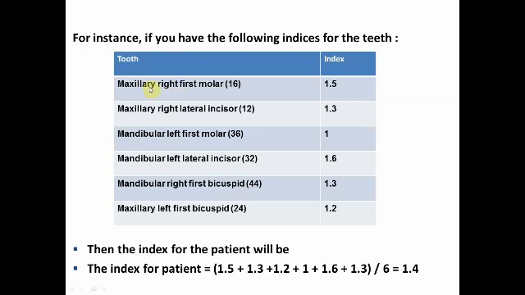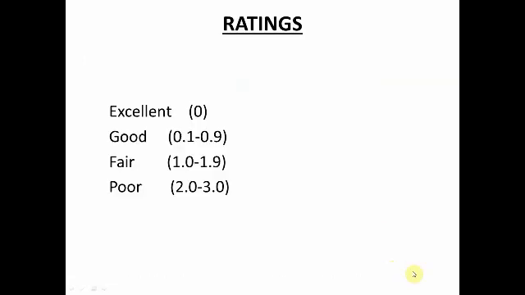If we examine a patient and we find that the index is 1.5 for the maxillary right first molar, 1.3 for the right lateral incisor, and so on, then the index of the patient is, we add these and divide by their number, the average, 1.4.